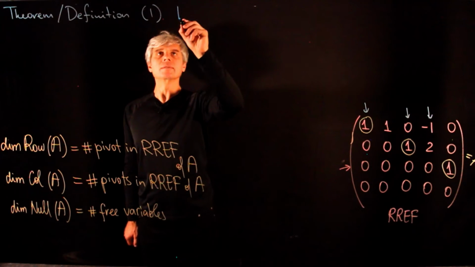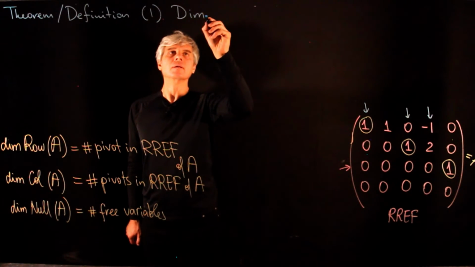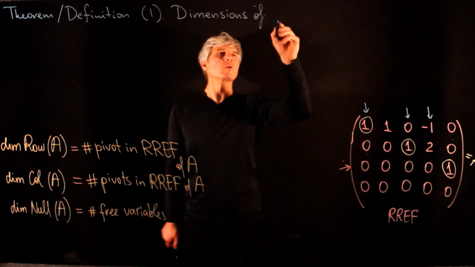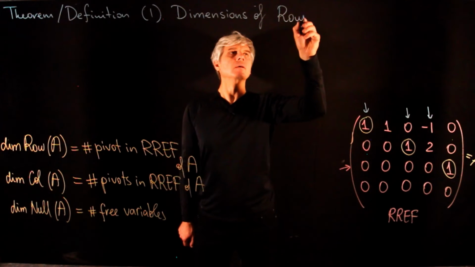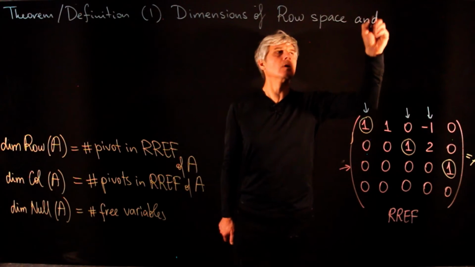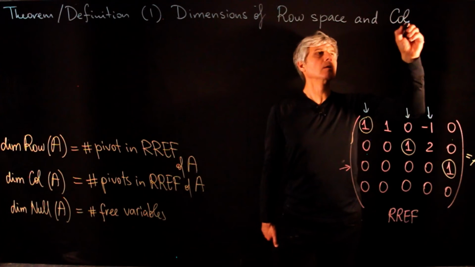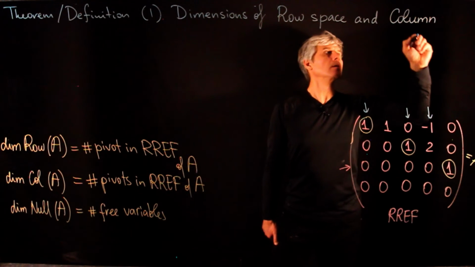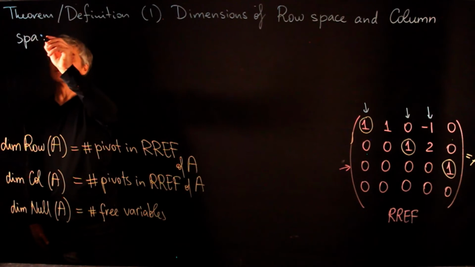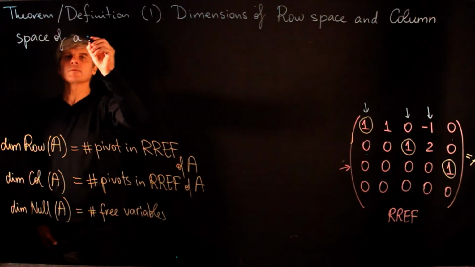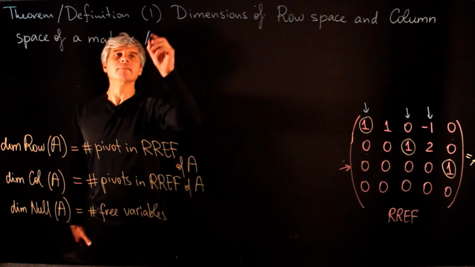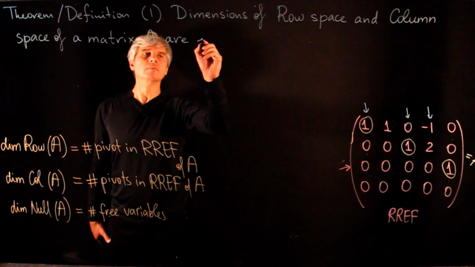So the dimensions of the row space and column space of a matrix A are equal.